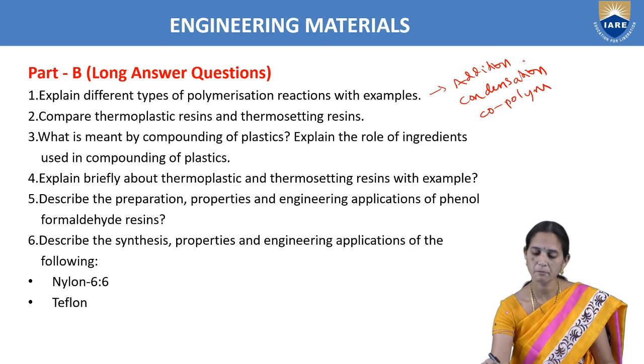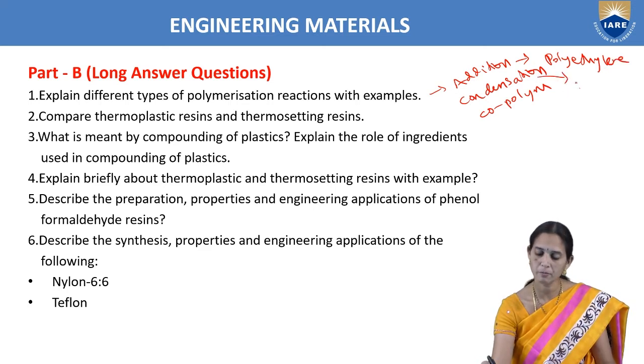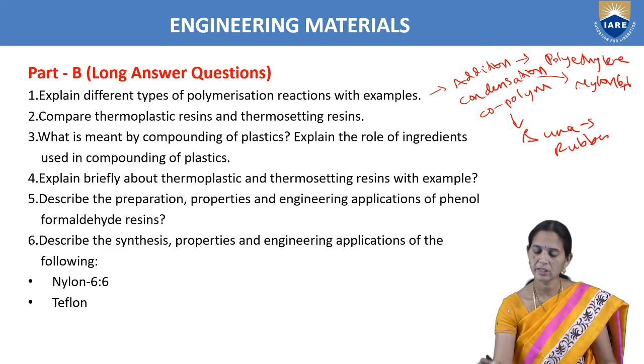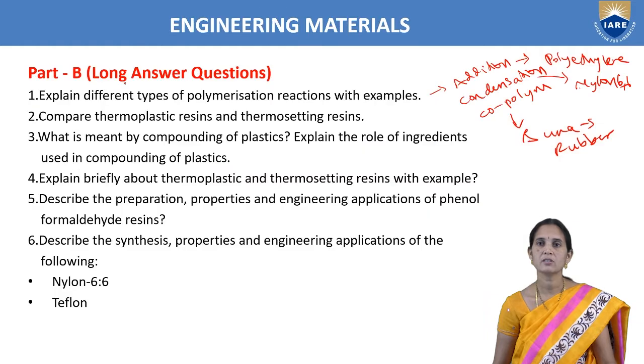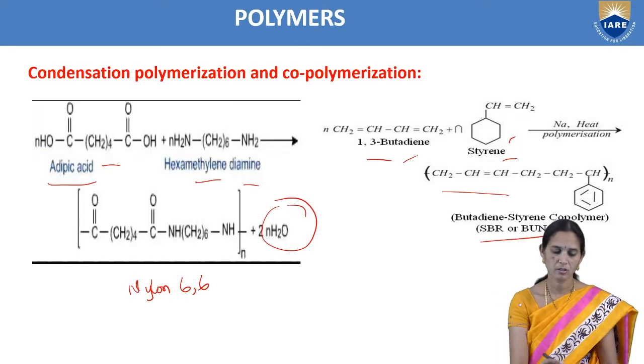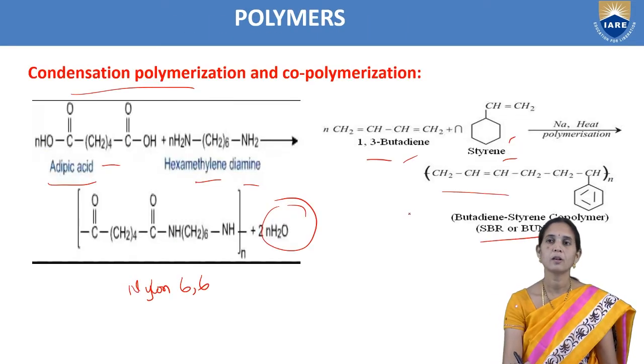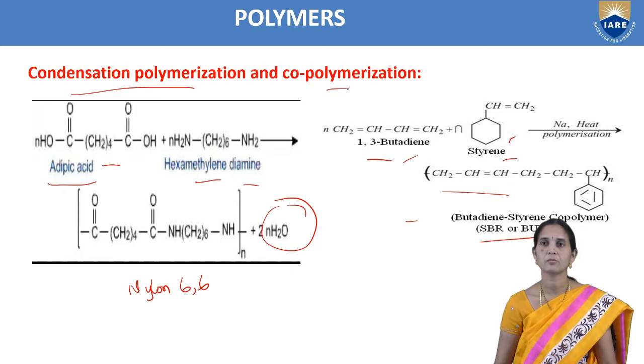Take the examples polyethylene, nylon 66, and Buna-S rubber. So first is preparation of polyethylene by addition polymerization. Next nylon 66, that is condensation polymerization, and Buna-S rubber, that is copolymerization.